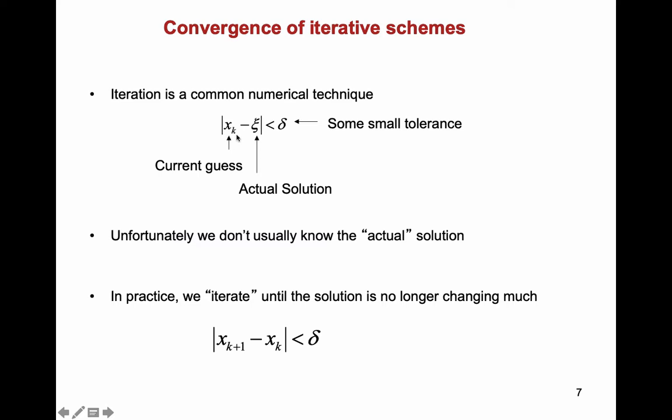Normally I'm going to look at some approximation x_k that I'm trying to compute. If I have an actual solution, I can check against that. If I don't, I just take the two latest iterations that I computed. When they're close enough, I'm zooming in on the value I'm trying to compute, so I just stop. When I decide to stop is arbitrary.